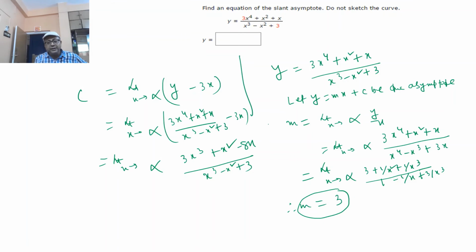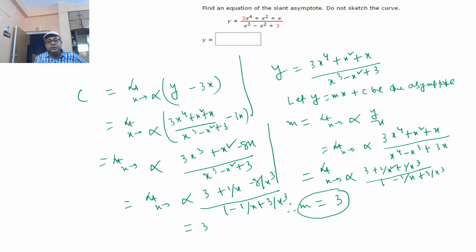All of you can find this limit: just divide by x^3 and the limit changes to (3 + 1/x - 8/x^3) divided by (1 - 1/x + 3/x^3). So this is 3 plus 0 over 1, so the answer is 3. Okay, so y = mx + c, that is y = 3x + 3, is the oblique asymptote in our example.